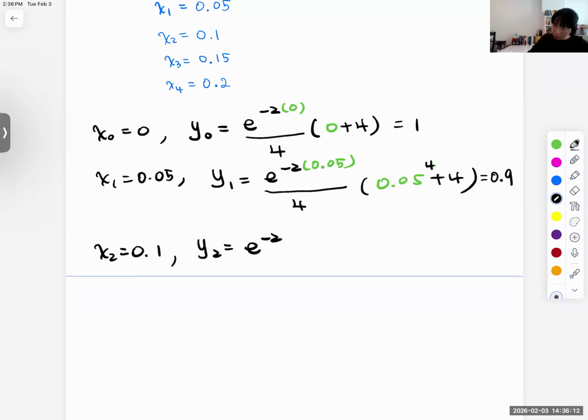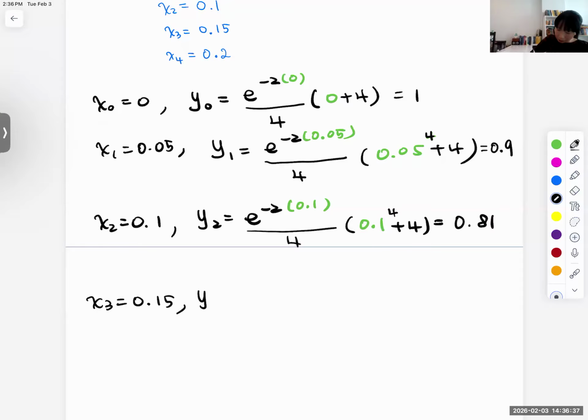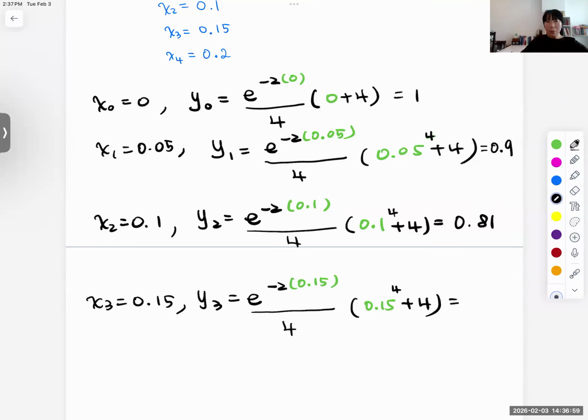Okay, so two more. x sub 3 equals 0.15, y sub 3 equals e to the negative 2 times 0.15 over 4, times 0.15 to the fourth power plus 4. What do you get? 0.74?